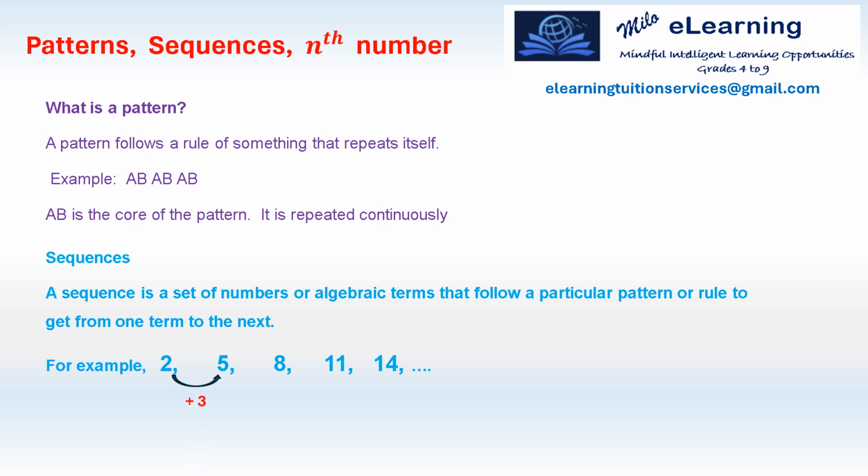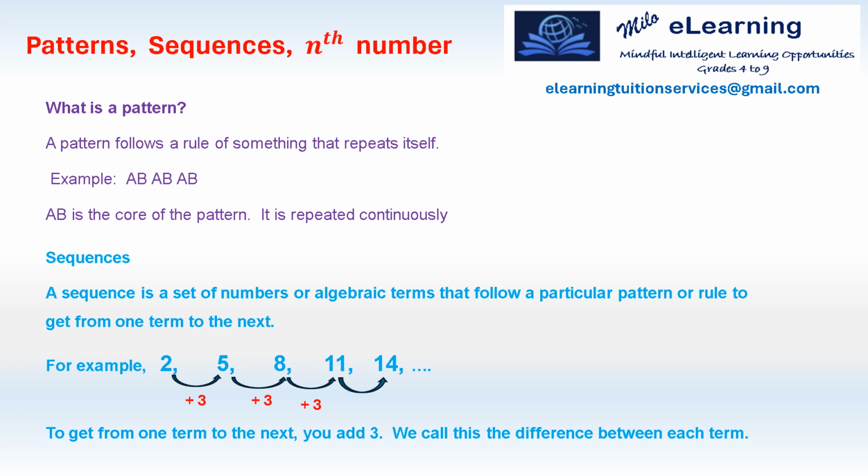So we could say 2 plus 3 is 5, and 5 plus 3 is 8. 8 plus 3 is 11, and 11 plus 3 is 14. So we could see that the difference between each term is 3. So we know that we are adding 3 from one term to the next.